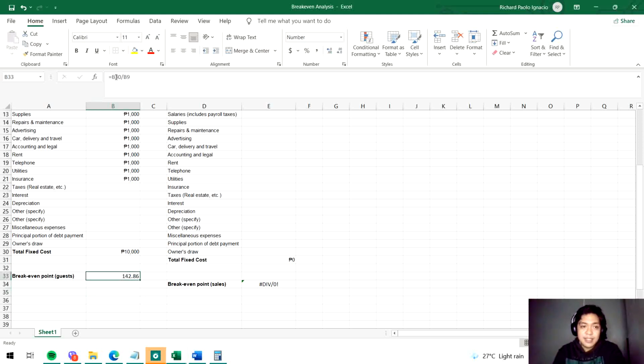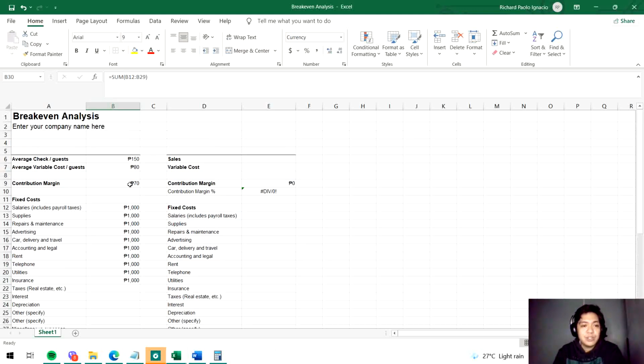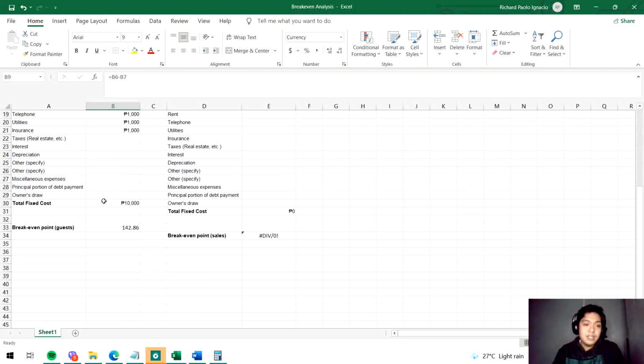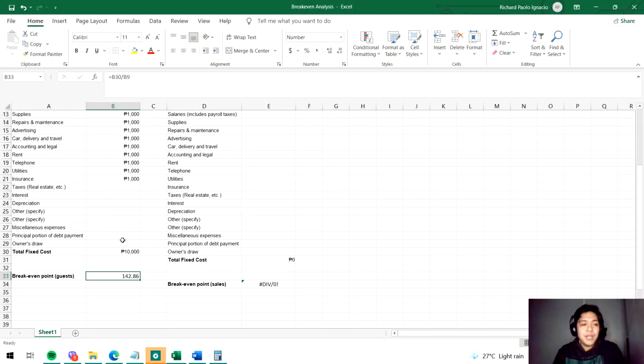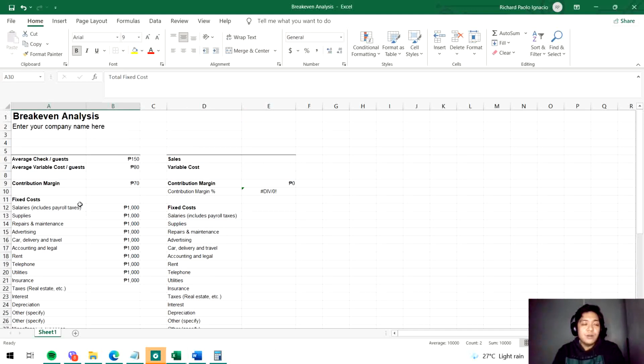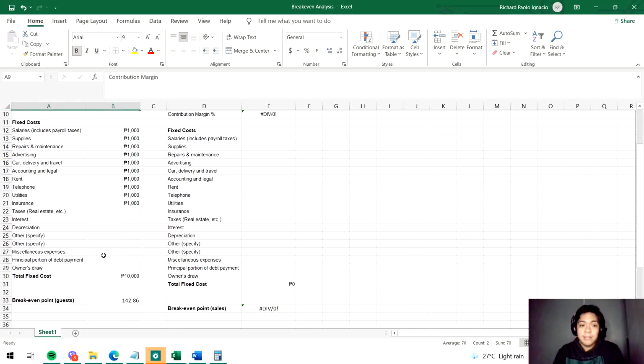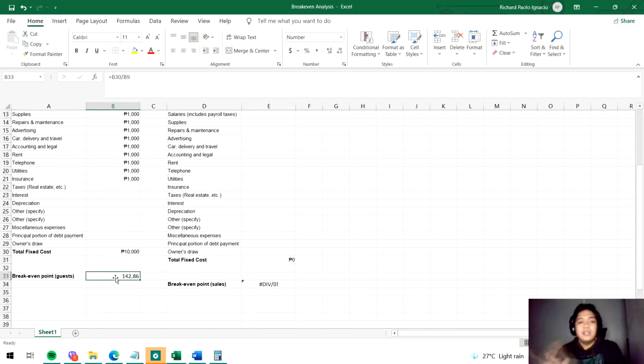Ayan, nakalagay dyan. That's B30 over B9. B30 is the fixed cost. B9 is this one, contribution margin. So, ayun nga. In order to get the break-even point, we have to divide the fixed cost over contribution margin. And then we will have here 142.86.